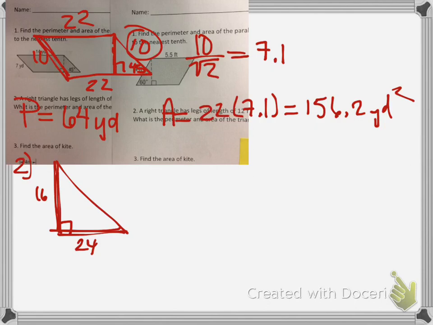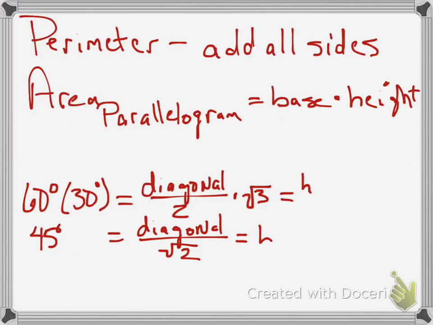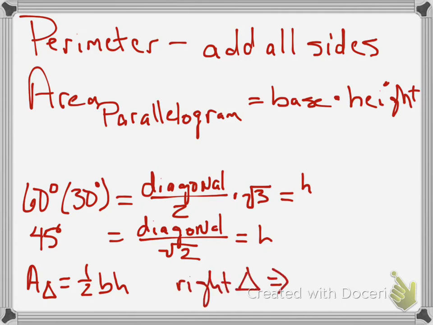The point is, you would need the hypotenuse to get that. So what do I need? Again, keep in mind that area of a triangle is equal to 1/2 base times height. And if I have a right triangle, I can always do the a squared plus b squared equals c squared bit to help me find any missing side.